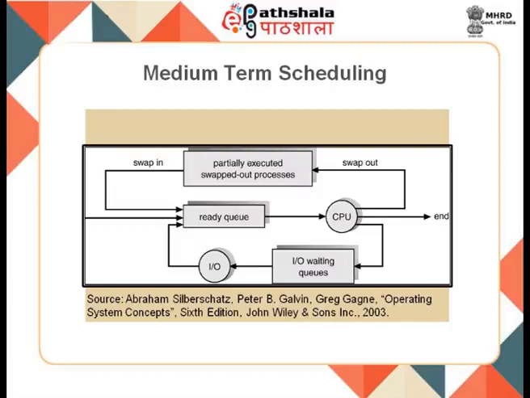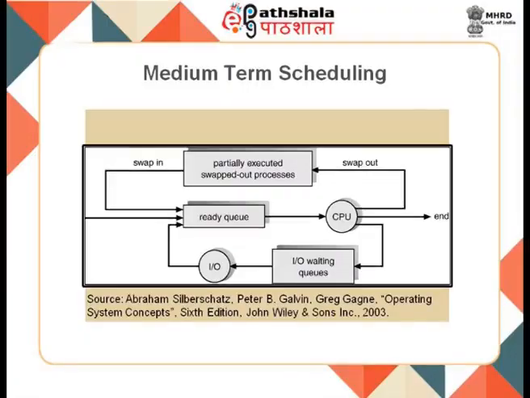This medium term scheduler will pick a partially executed process and swap it out into the secondary storage device, and then it will be brought back into the main memory. That is, the long term scheduler will pick certain processes and put them into the main memory, but in due course of time you may need more space in the main memory, or you may have to bring in some other process of high priority.